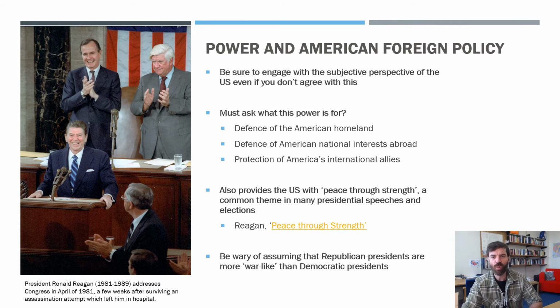But just a word of warning. This gets at an assumption that many of my students make as they come into this module, and they presume that Democratic presidents are more peaceful than Republicans. I just want to caution against that assumption. If we think about World War I, World War II, the Korean War, and the Vietnam War, all of these were undertaken by Democratic presidents.